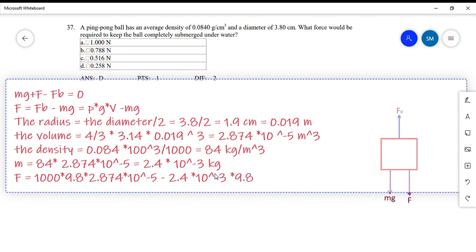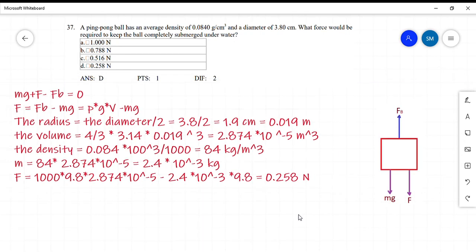We just substitute in this rule, so the answer will be 0.258 Newton. I hope you understand this question.